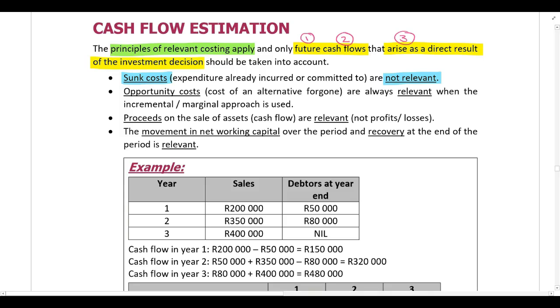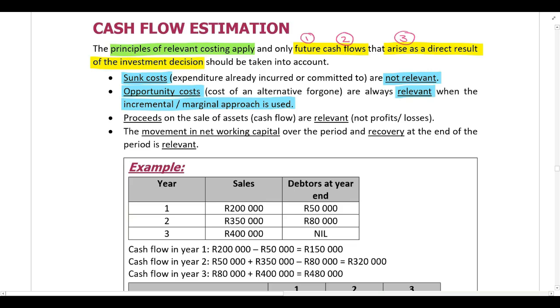Then, please note opportunity costs are always relevant. An opportunity cost arises every time the company has to sacrifice something. If by investing in a certain asset, I have to give something else up, that is an opportunity cost. For example, if I've got 2 options available, either I can buy a machine or I can put my money in the bank account.